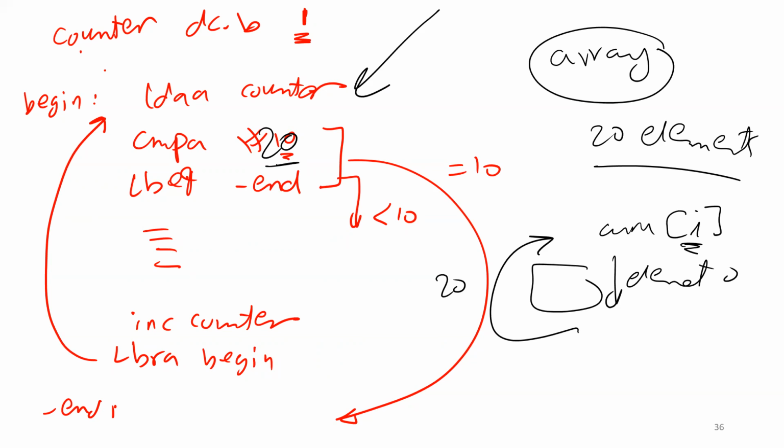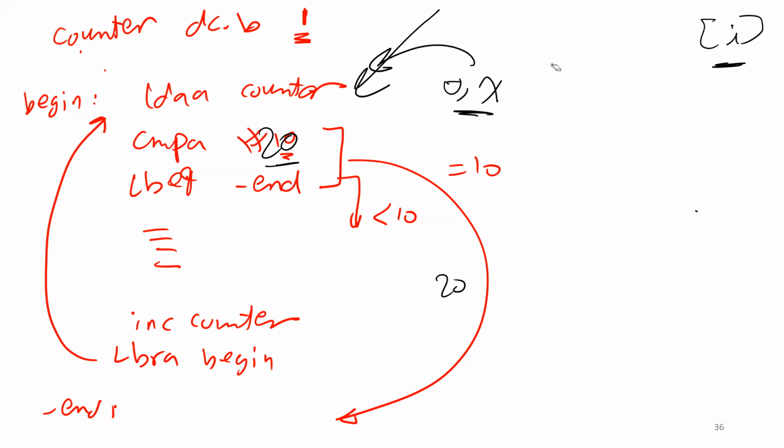We don't have something like square bracket i, similar to C language. We don't have this one. However, as I explained before, we have 0,x. X is a pointer. You have to initialize x. Every iteration, you have to increment x. And then I'm going to read the location pointed by x. That's exactly what we are going to do now.